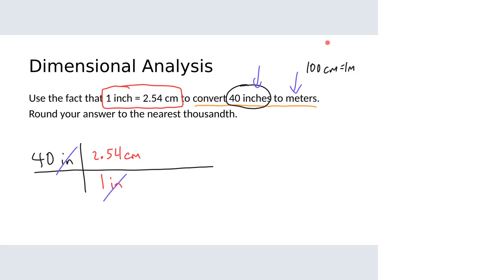With 100 centimeters equaling 1 meter, I'm going to make that my next unit fraction, and one of those terms is going to go on top, one on the bottom. Which of those terms, centimeters or meters, is going to go on the top?